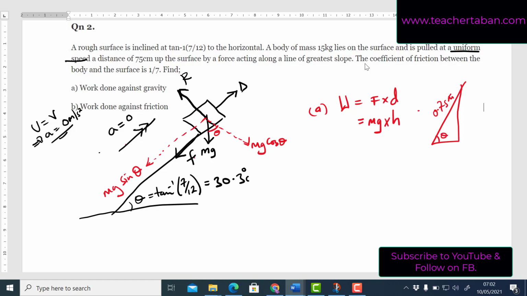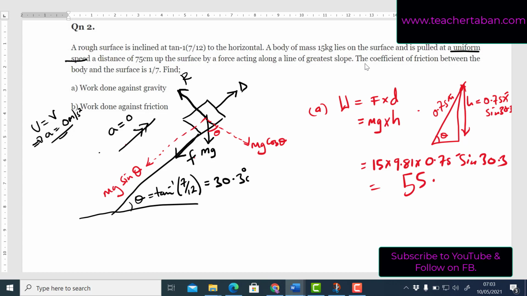Our angle was here, so this is our height h, and it is 0.75 times sin of 30.3 degrees. So our work done will be equal to 15 times 9.81 times 0.75 sin 30.3, which gives us 55.68 joules. That is the work done against gravity.